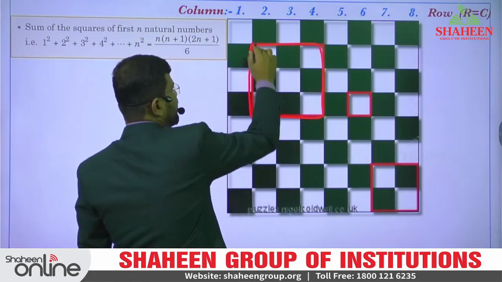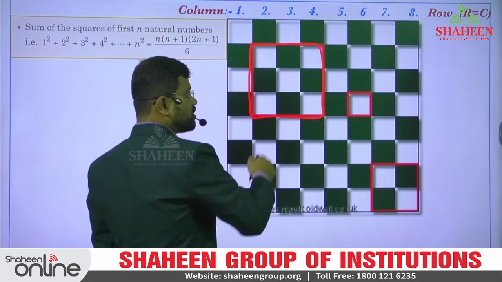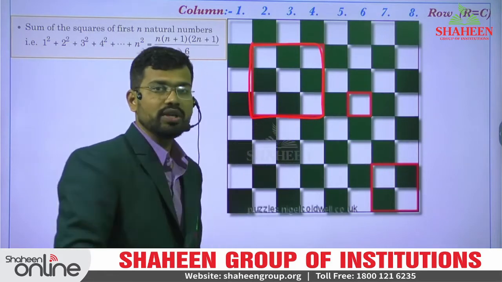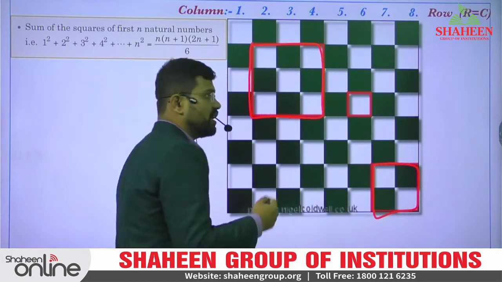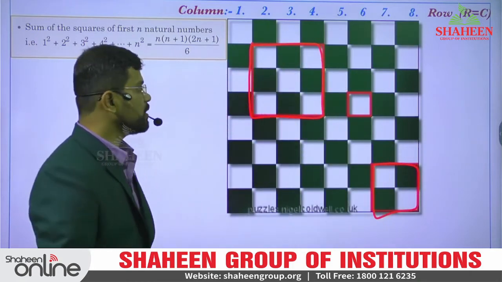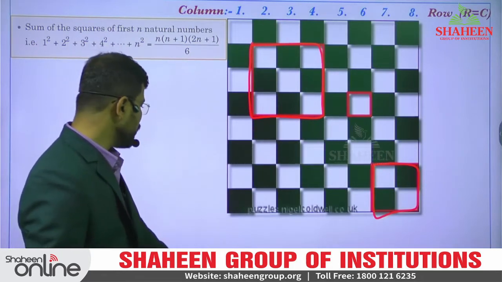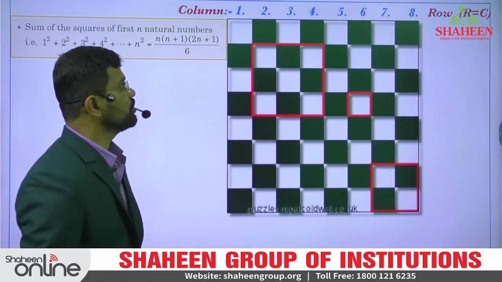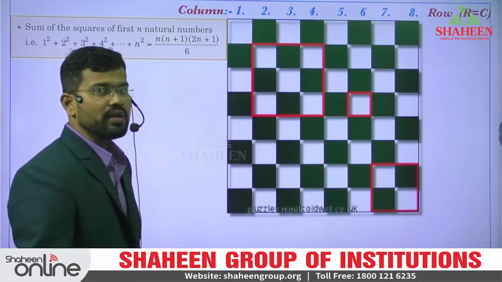For example, this is one square, 3 rows and 3 columns. This is one of the possibilities of formation of a square. Here 2 rows and 2 columns and so on. So there is a possibility of formation of a square due to the combination of single squares. Now I will count the number of squares.